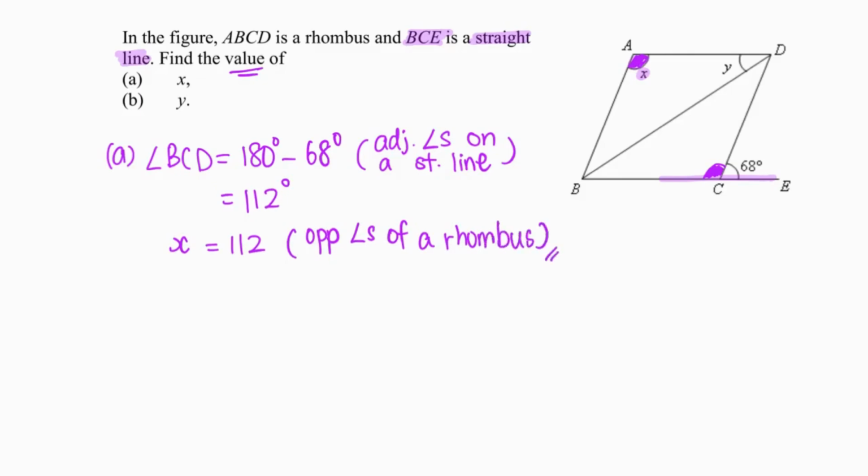This is done. Let's take a look at y. Since it is a rhombus, these two sides are equal, meaning triangle BAD is an isosceles triangle.